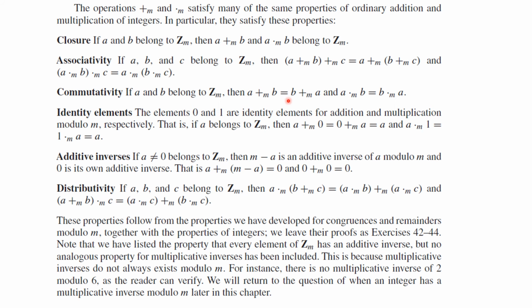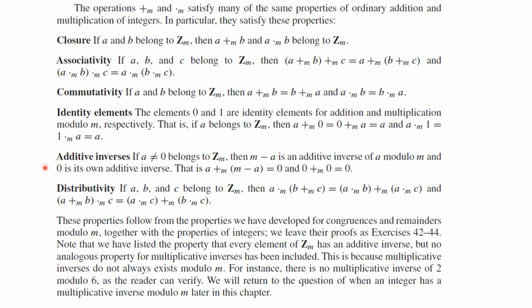The sum this way is the same as the sum this way, and the product this way is the same as the product this way. There are identity elements. 0 and 1 are the identity elements for addition and multiplication mod m. That is, if A belongs to the equivalence classes, then you add 0 and you will get A back again, and if you multiply by 1, you will get A back again.